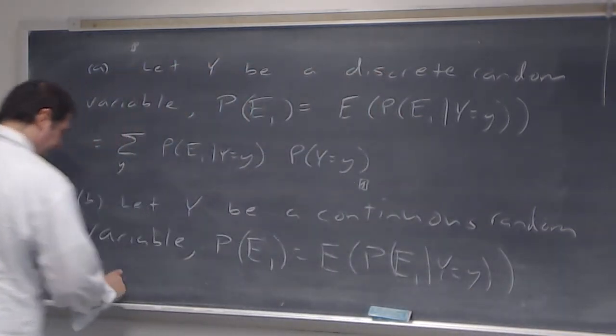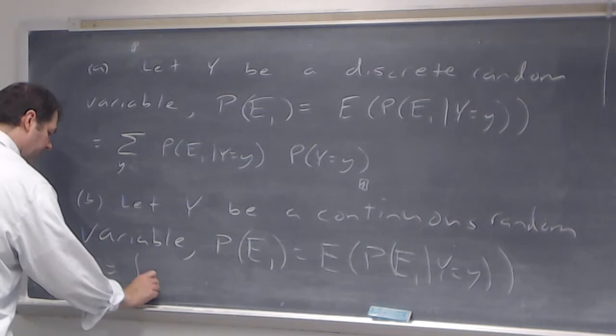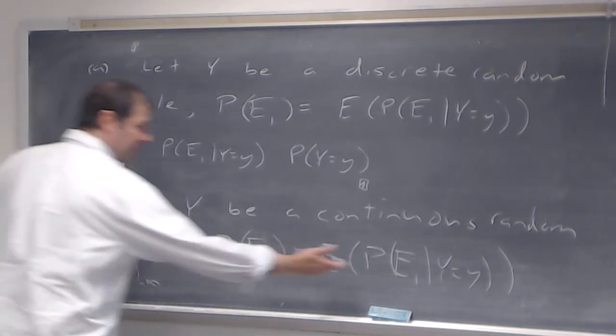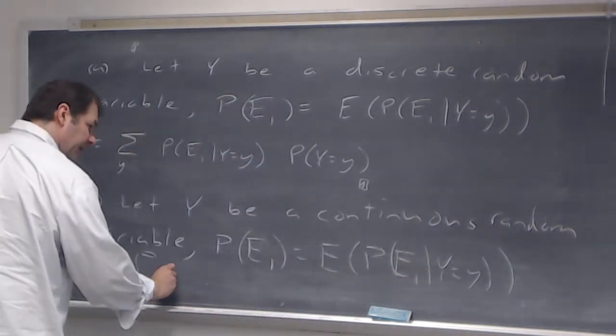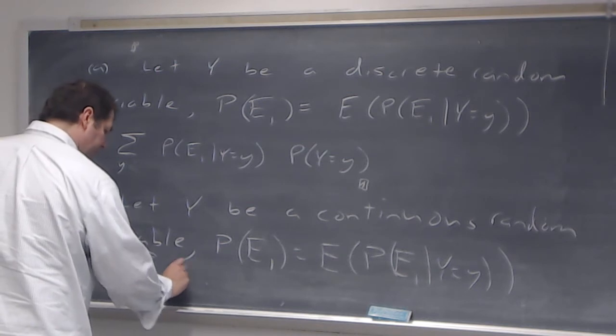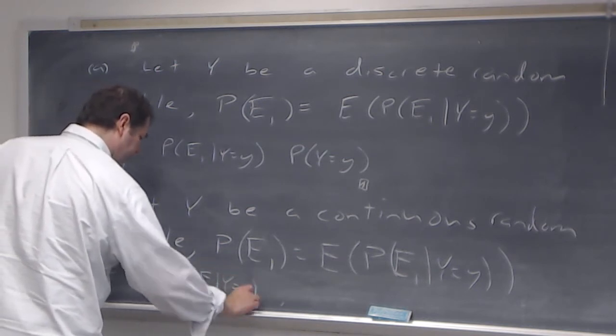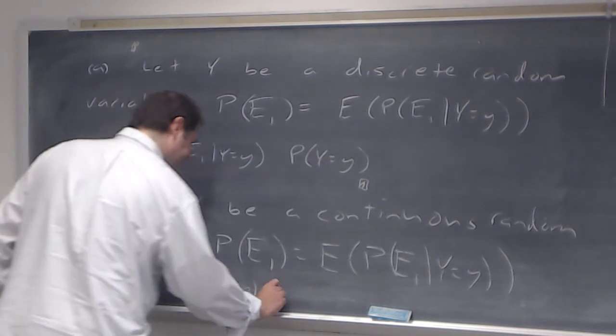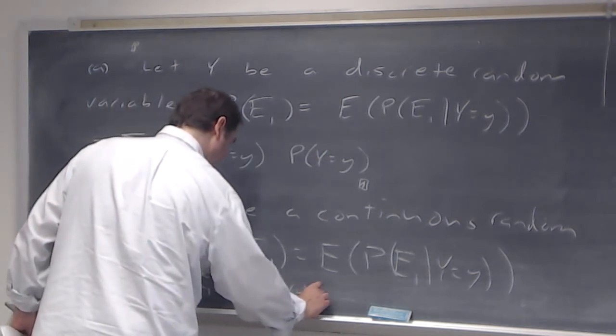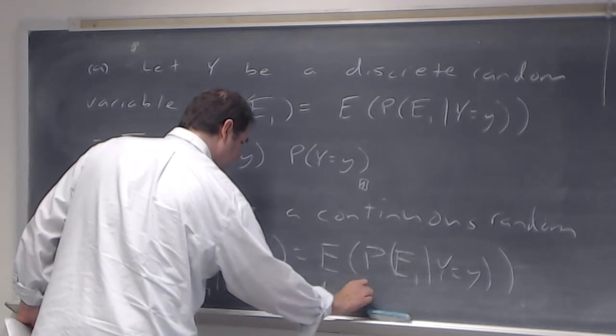And here in the continuous case, that's going to be equal to the integral from minus infinity to infinity. We're thinking of this as a random variable Y. And so what this is going to be is the probability of E sub 1 given Y equals y times f sub Y of y dy. And that's it.